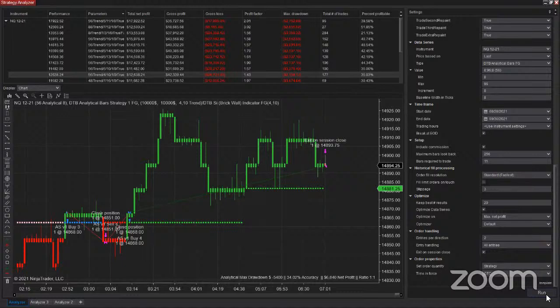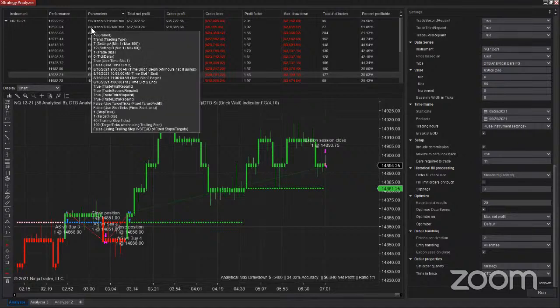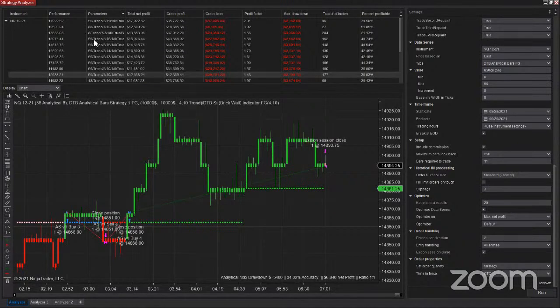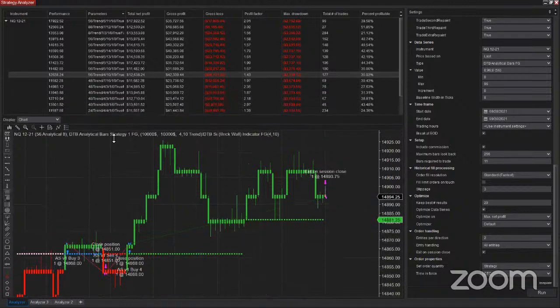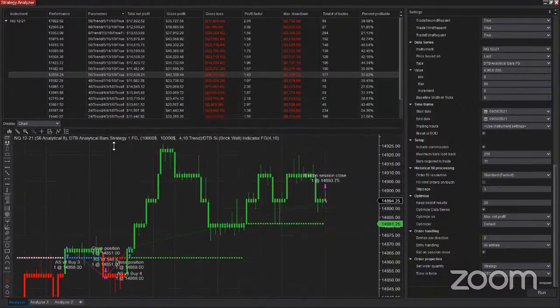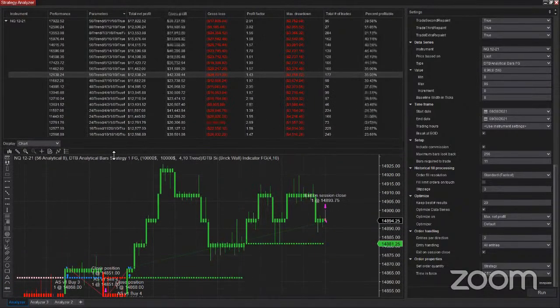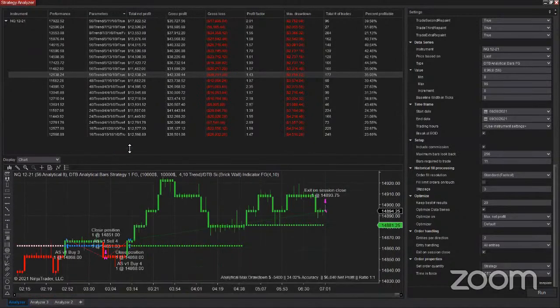And what happened there is it came up with a few different bar sizes. So if you look at the analyzer, you're going to notice that it says 56, 88, 8, 56. So what I did here is I took these results that it gave me, and I looked at the numbers that were coming up most frequently.